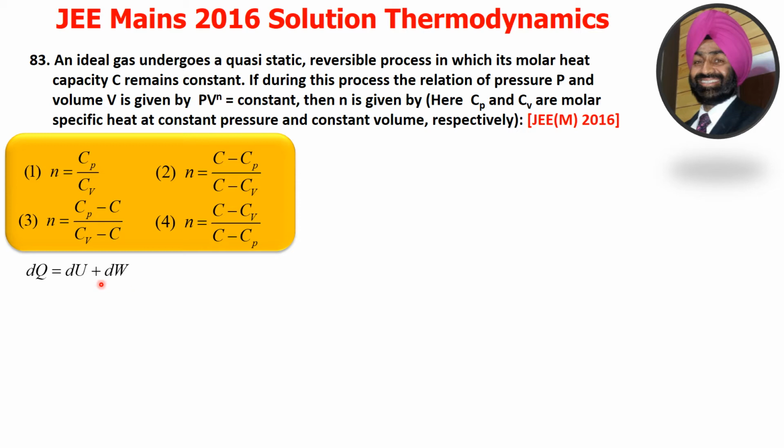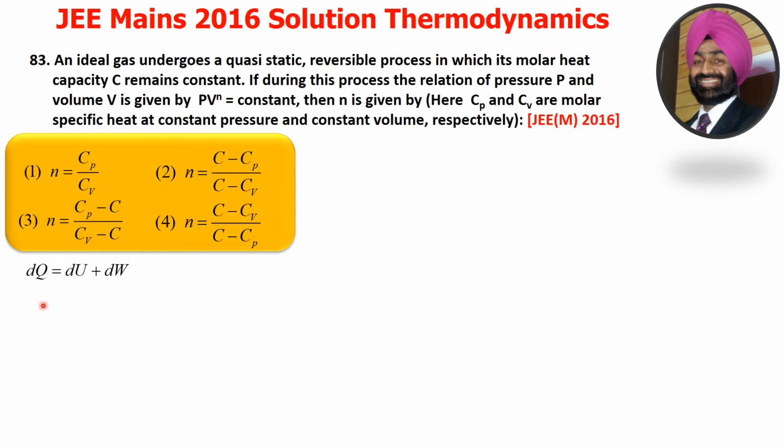Since we have to discuss the result for molar specific heat C, the heat given to a system equals n times the specific heat times the rise in temperature. Since we have to derive the relation in terms of C, Cp and Cv only, we'll consider only 1 mole of the gas and we'll increase the temperature by 1 degree C.